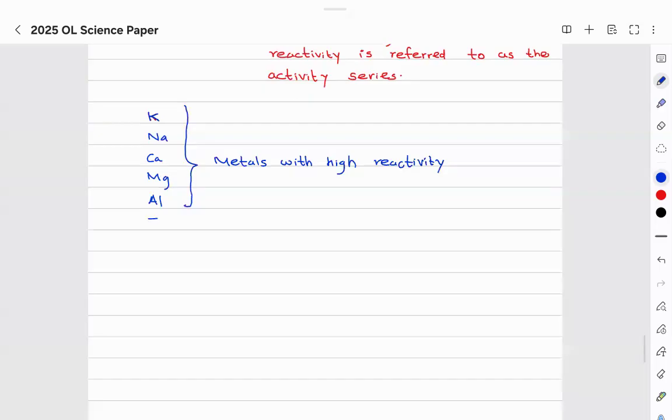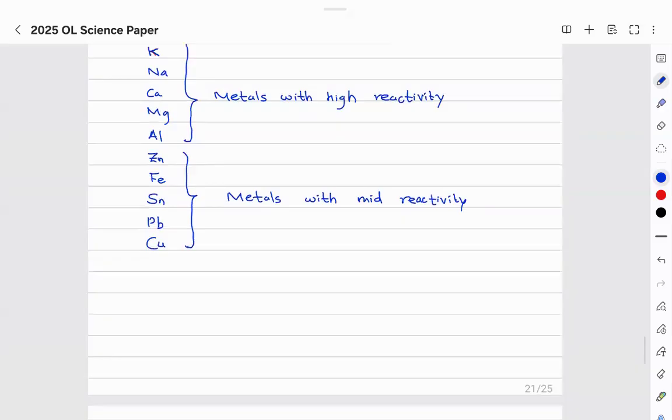Then zinc, iron, tin, lead, copper: metals with mid reactivity. Then mercury, silver, platinum, gold: metals with low reactivity.